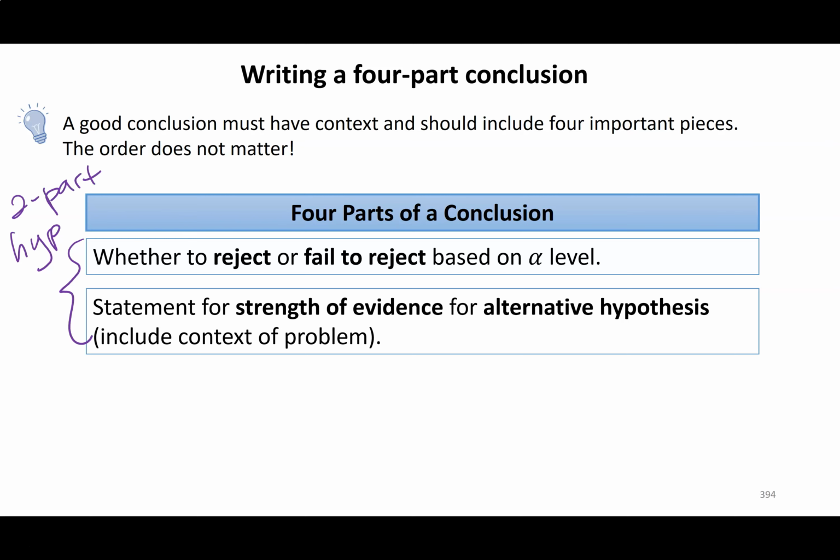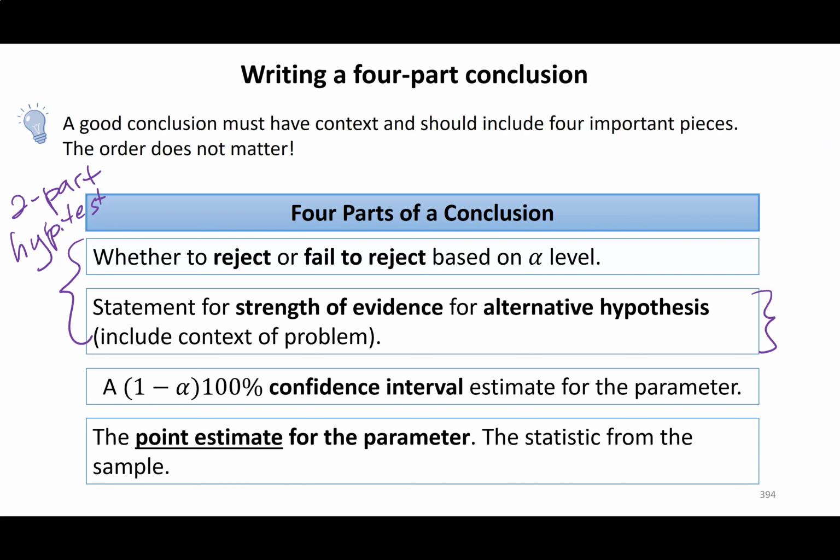If I want to write my conclusion for a hypothesis test, I will have a statement that says whether or not I reject the null, I'm going to mention my p-value, and I'm going to mention the significance level. And then I'm going to say, okay, well, there is blank evidence that the alternative hypothesis is true. So that is my two-part hypothesis test conclusion.